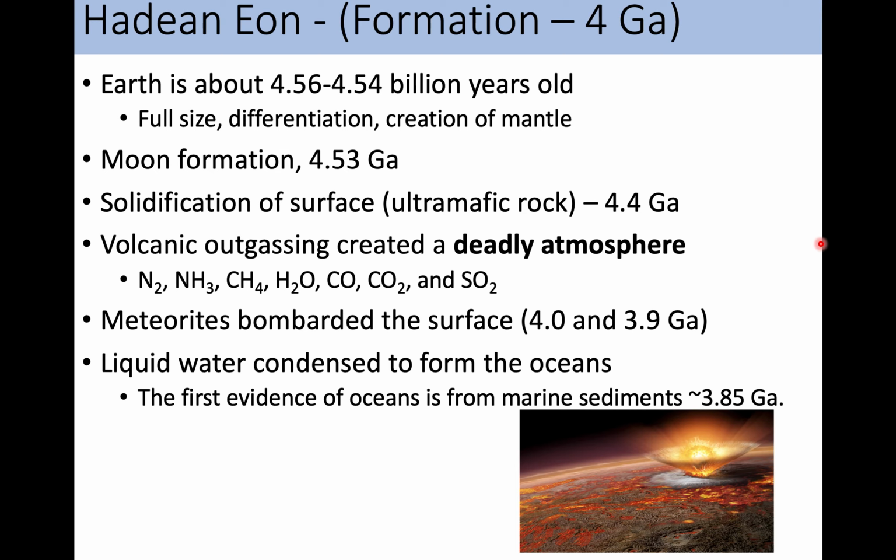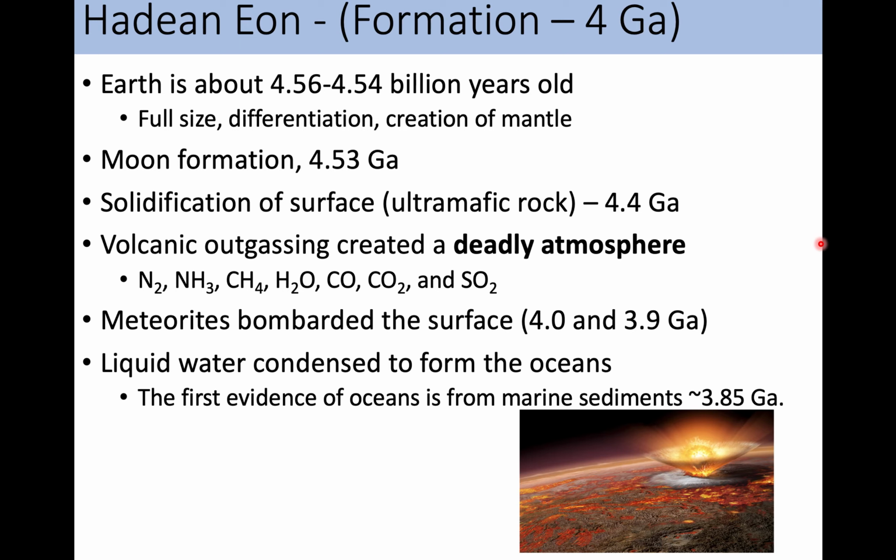And we had very common meteorites hitting the surface of the Earth because so much in our solar system was still forming. There was so much debris still in space. A lot of those meteorites were getting pulled in because Earth is so large and has such a strong gravitational force.